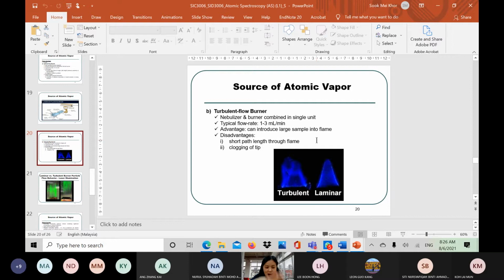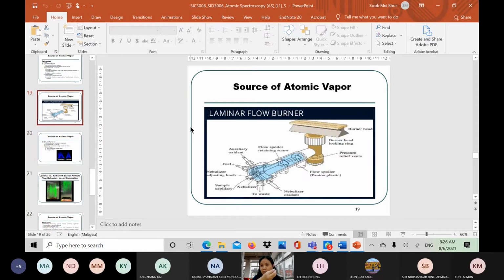How do we get this population of neutral ground state atoms to get excited? It all comes from the light source. That is the most important thing. The flow rate only helps us with the atomization, because when the sample is introduced to the atomizer, it only has some impact on the atomization.